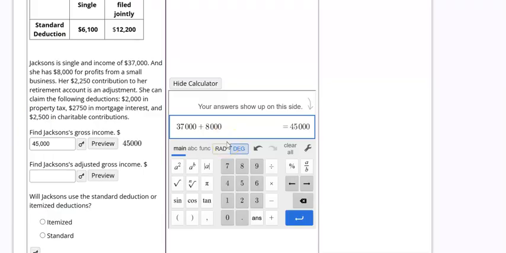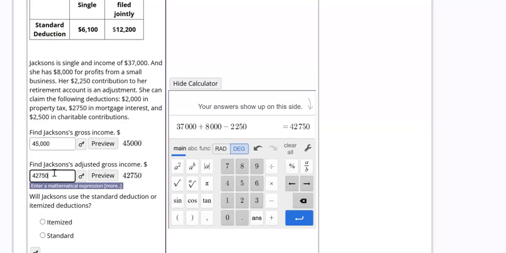Remember that $45,000 is the gross income. You subtract the adjustment, $2,250. That is the adjusted gross income. So that's going to be $42,750. That's the adjusted gross income.